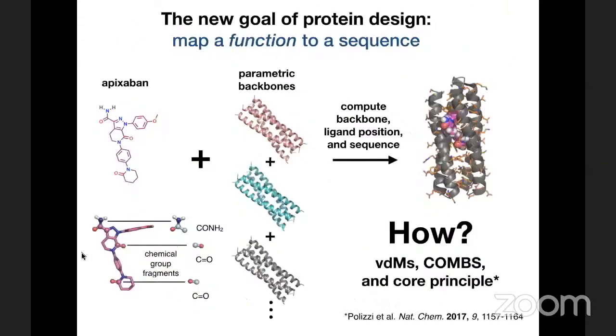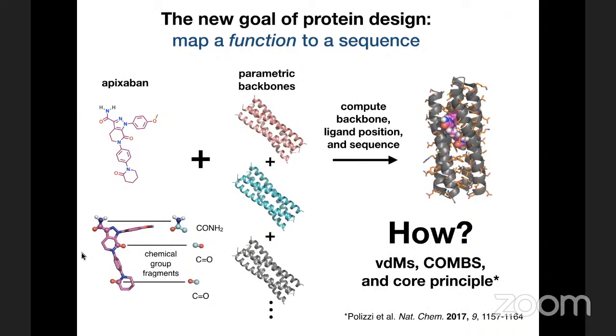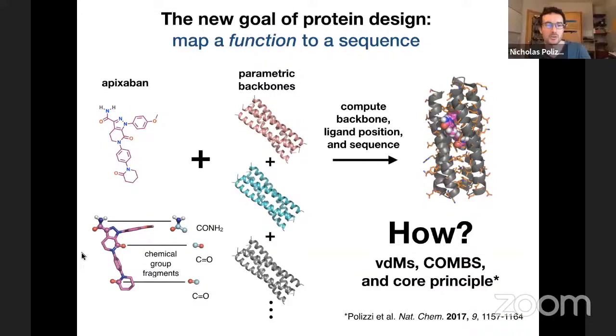And so, just to recap, since I only have 15 minutes, there are many more details to talk about on why I think this worked. But the whole strategy is really just to break the ligand into pieces, and use the whole PDB to learn about how proteins interact with those pieces. That allows you to answer very efficiently, given candidate backbones, can those backbones really support the binding function?